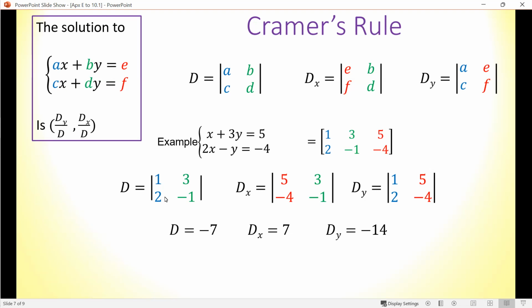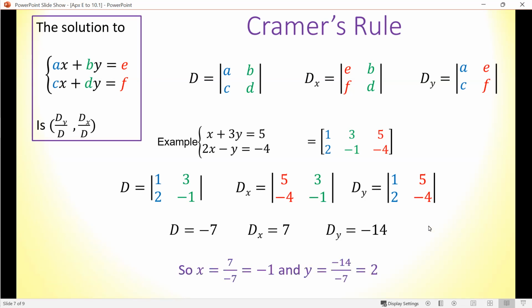So when we take the determinant of each of those 2 by 2s, we get these values. So our determinant of our coefficients is -7. So we know we have one single solution. Our determinant, when we replace our coefficient matrix column x with the constant terms, is going to be 7. And when we do the same thing with our column y, we get -14.